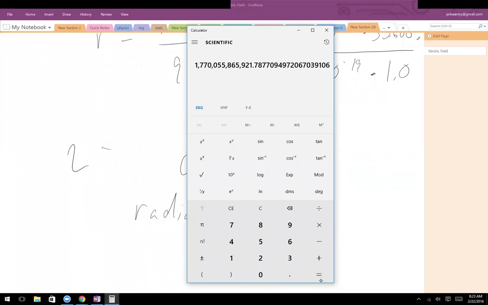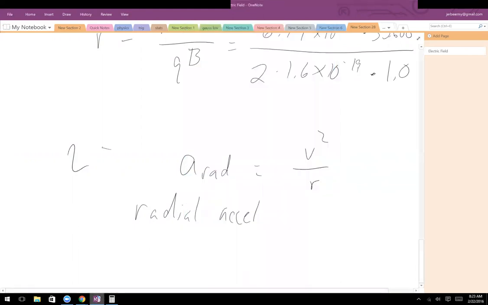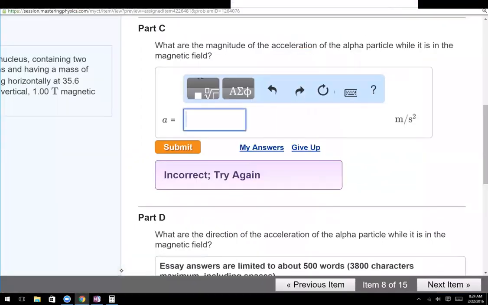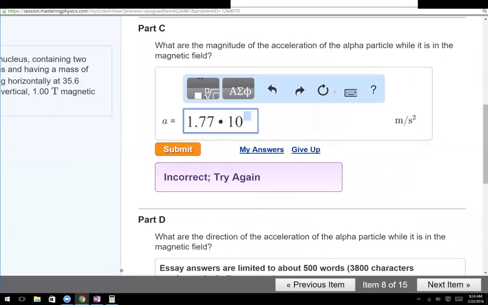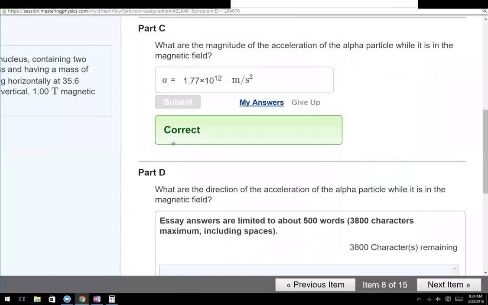So that's 10 to the 12th, 1.77 times 10 to the 12th. Let's try it. Wow.